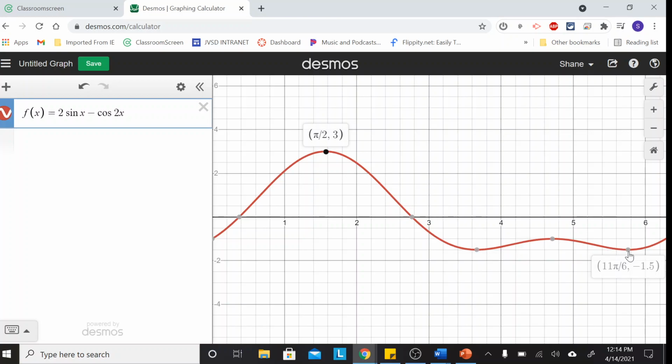We had another min here at 11 pi over 6. So here's our overall max and mins. Now this one here, remember, is our other critical value that occurred at 3 pi over 2. That's a critical value, a local max, but it's not an overall max. Make sense? Any questions? We good?